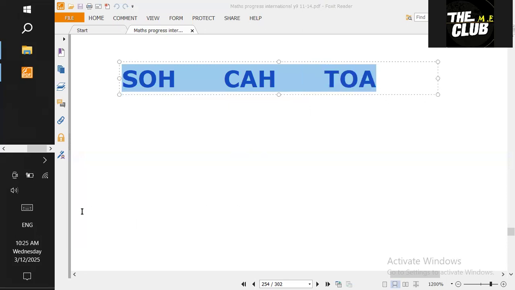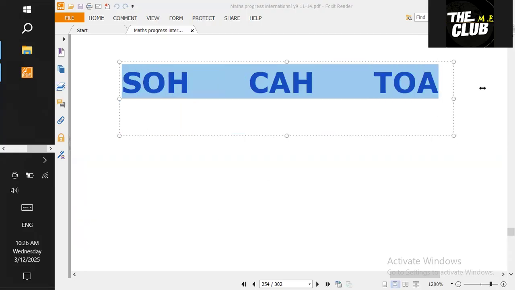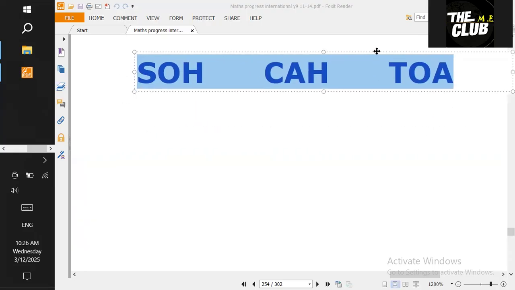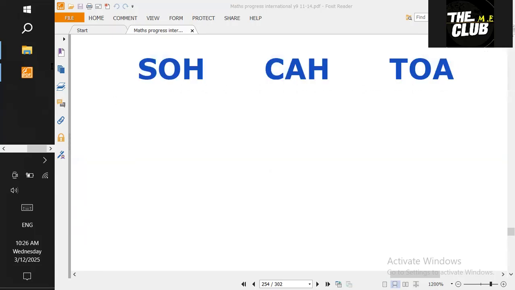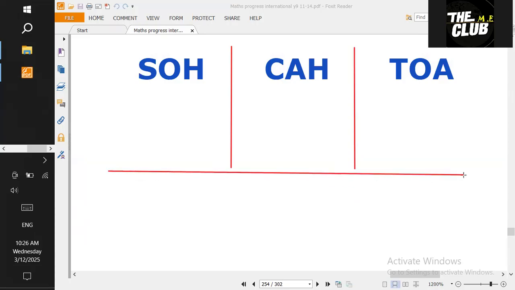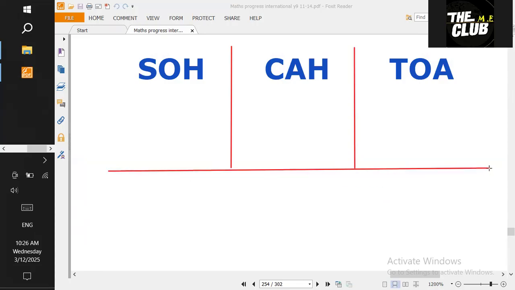So we have SOHCAHTOA. Now let me split the sides like this. Now, we use SOHCAHTOA like this to remember the trigonometric ratios and the rules and formulas of trigonometric ratios.